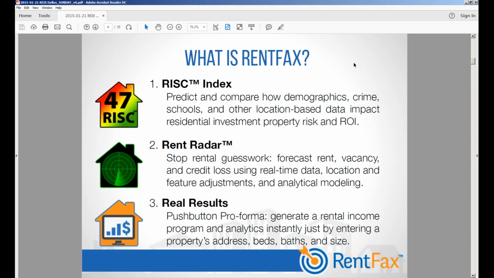So first, just a real quick recap on the product itself. RentFax offers a host of products through reports.